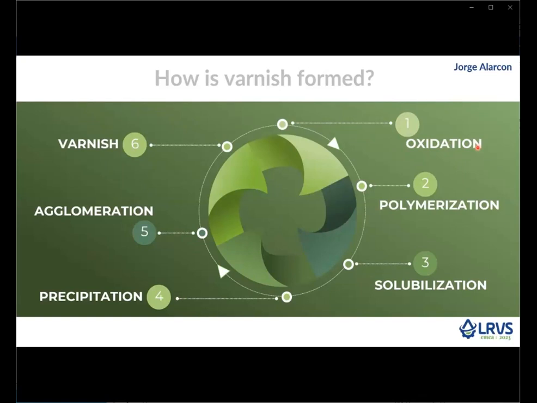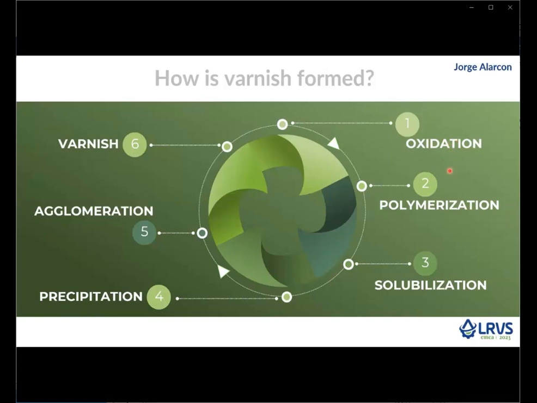This oxidation occurs during the entire process, so it will continue providing a new source of byproducts, and those byproducts at some point will convert into varnish. The second step is polymerization.